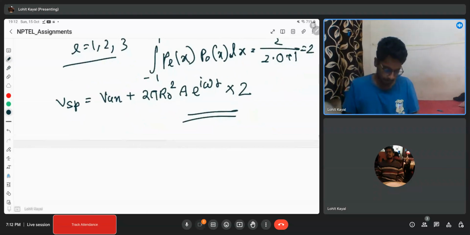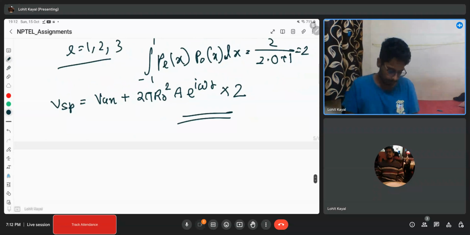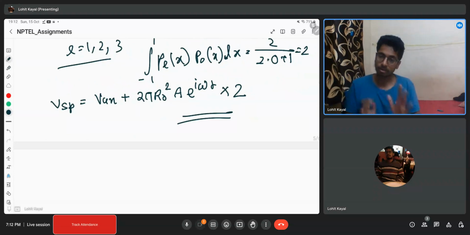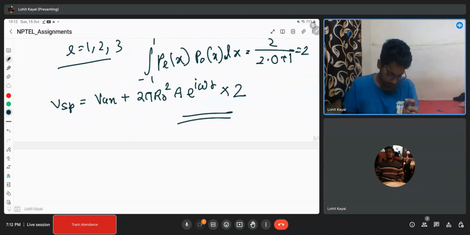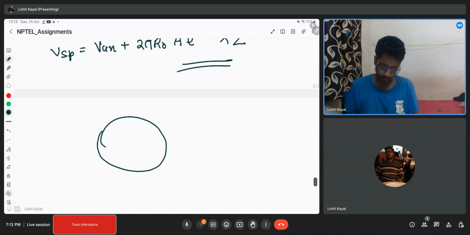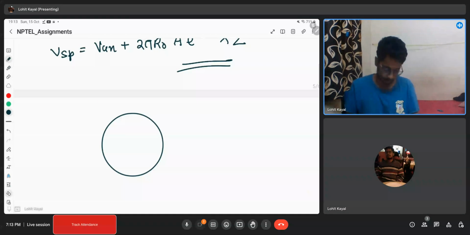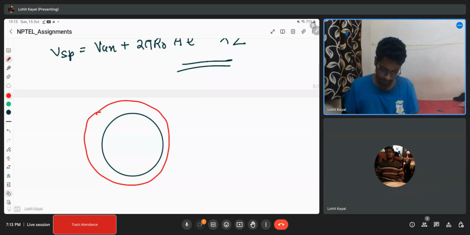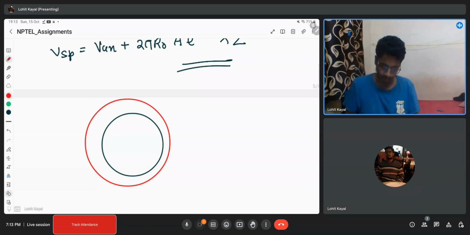Okay, so what will happen physically? See that for L equal to 0 there is no oscillation. Suppose your initial shape of the sphere is like this. After some time the shape of the sphere will be something like this, because it will change the volume. I have drawn it badly, because the center will be the same.